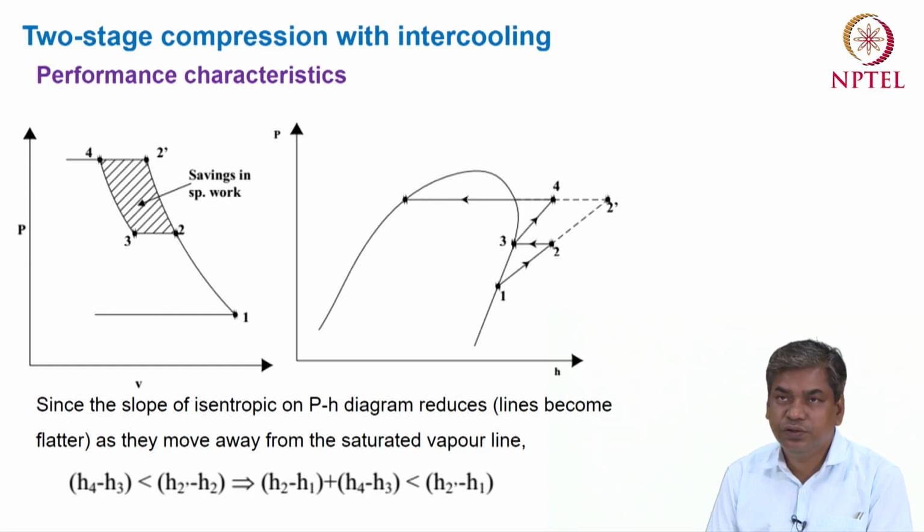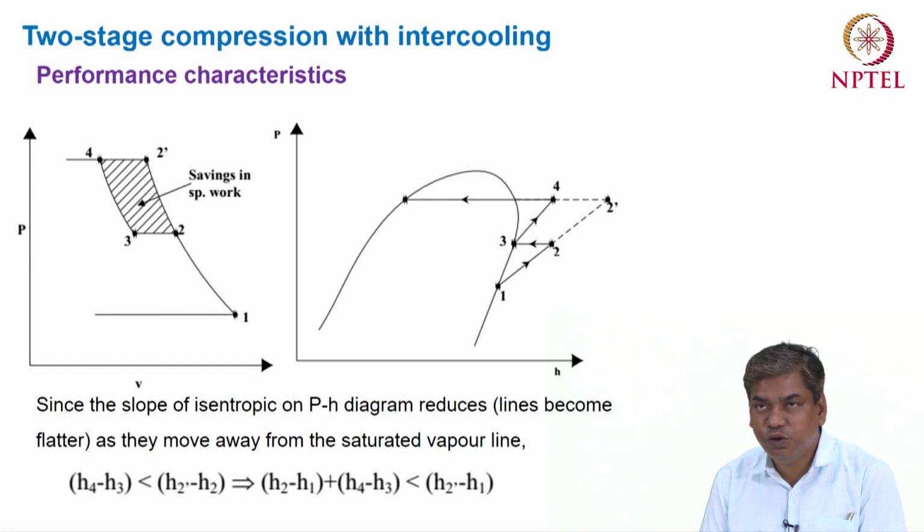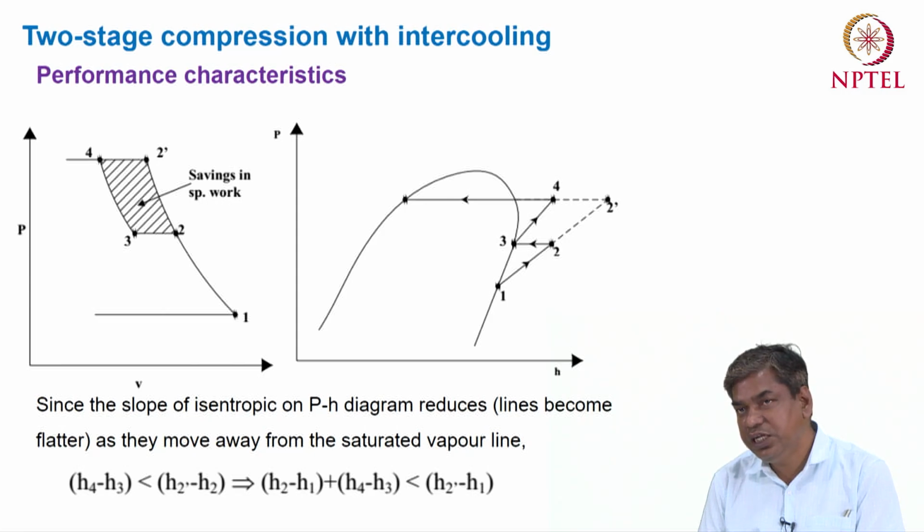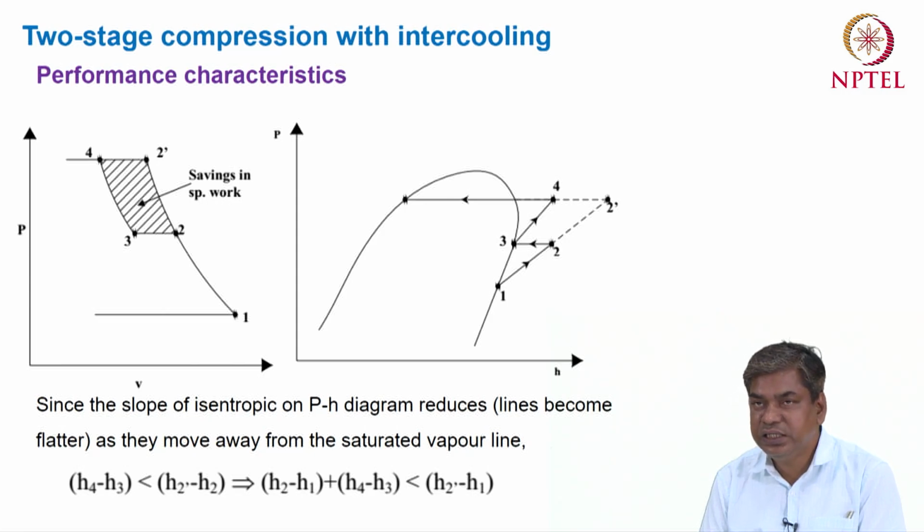Due to that higher slope we get the lower enthalpy change. So the enthalpy change during the process 3 to 4 is significantly lower as compared to the enthalpy change during the process 2 to 2 dash. That means H2 dash minus H2 is higher as compared to H4 minus H3.